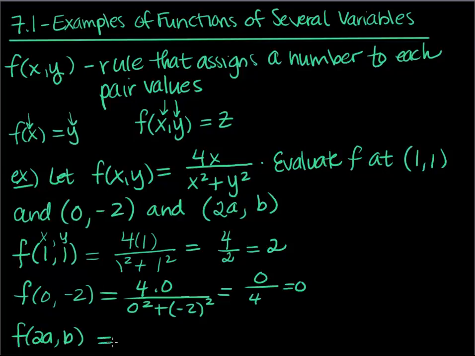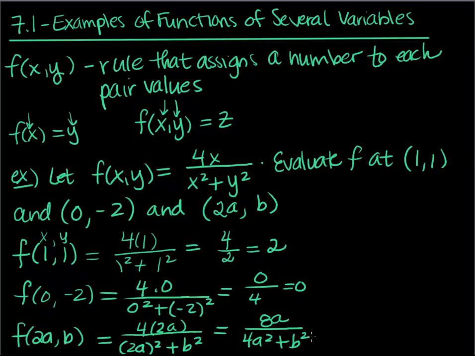I'm going to put in 2a for every x I see, so I'm going to have 2a squared, plus I'm going to put b in for every y, so I get b squared. On the top here, I get 8a all over 4a squared plus b squared.